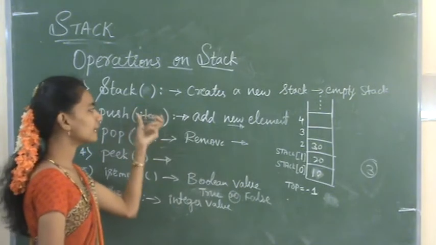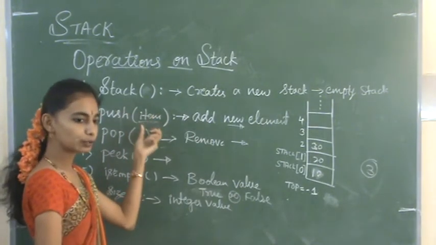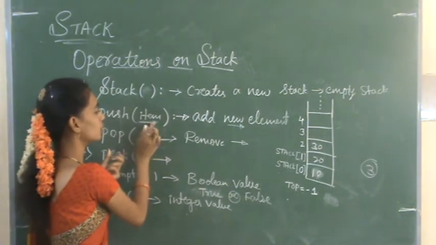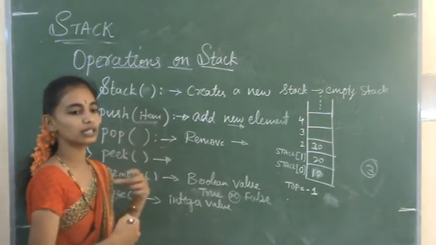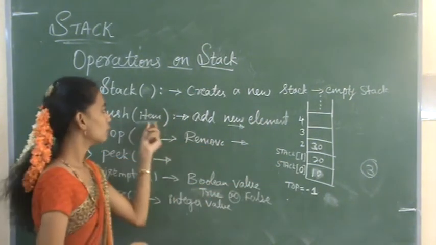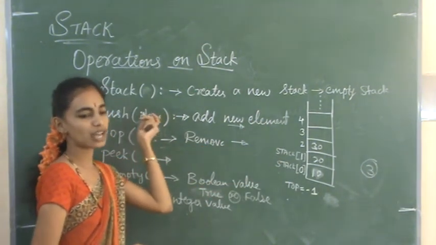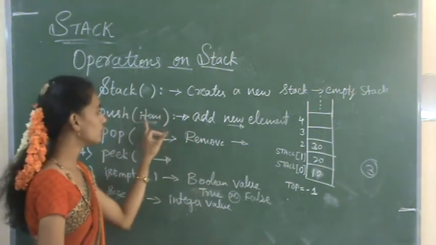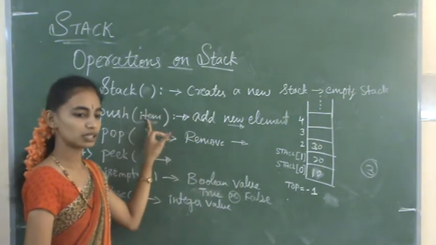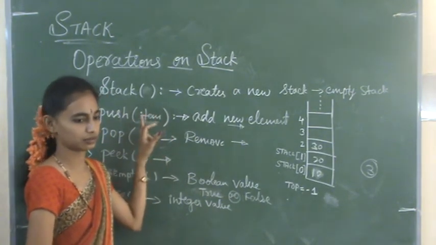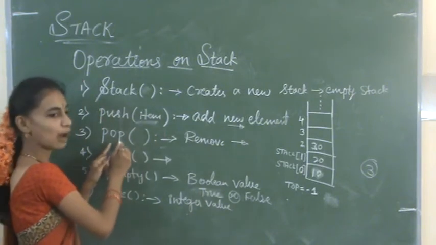It takes a parameter or argument to be passed to the function, that is item. If we want to insert an item into the stack, we have to provide which item has to be inserted, so we pass an argument to the called function. Next we have the pop function.